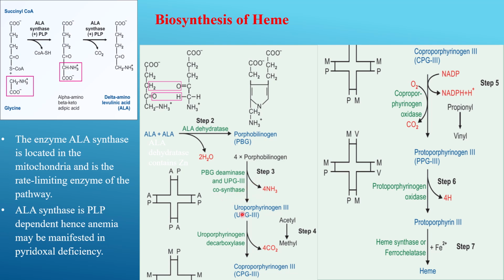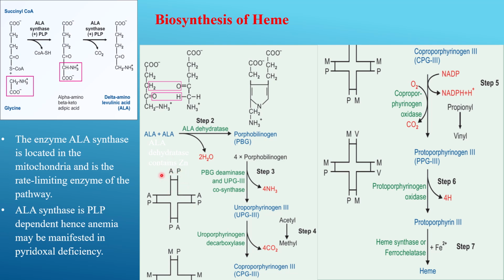Names are very easy to remember based on either the name of the product or the name of the substrate. So PBG deaminase, because there is a loss of ammonia here, converts it into uroporphyrinogen 3. So a sort of porphyrin ring is now created. The first ring is created in this step 3.